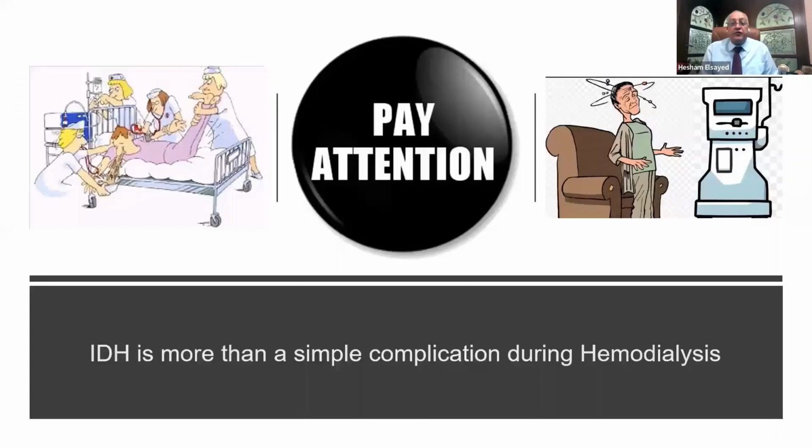So this is a story from the end, and for all the junior audience, intradialytic hypotension is more than a simple complication during hemodialysis. We have to look carefully for the cause and preventive strategy to treat the patient efficiently, as intradialytic hypotension carries a higher mortality, which is already high in patients with end-stage kidney disease receiving dialysis.